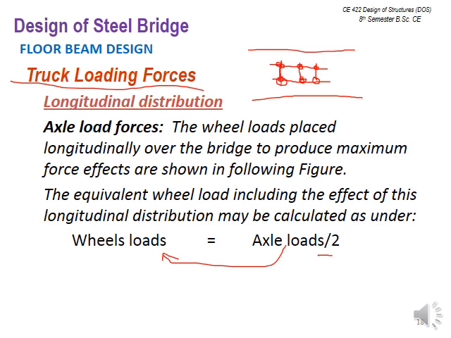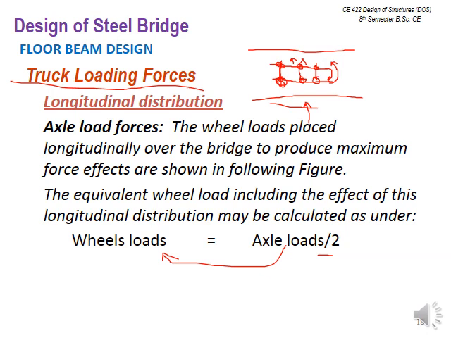So if you see from here, the longitudinal distribution you are doing along the stringer for your floor beam, so you are only seeing one wheel. The second wheel will be in the lateral direction, so we are not considering those, but the effect of this wheel you are considering over here. First of all, convert the axle load into wheel load by making half of it.